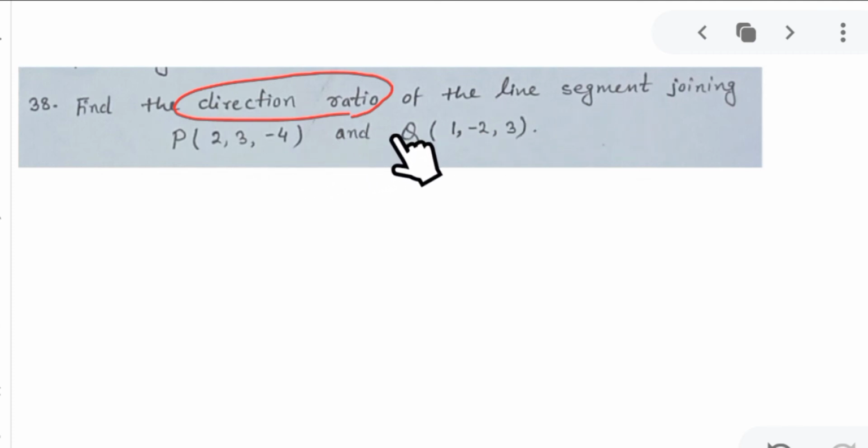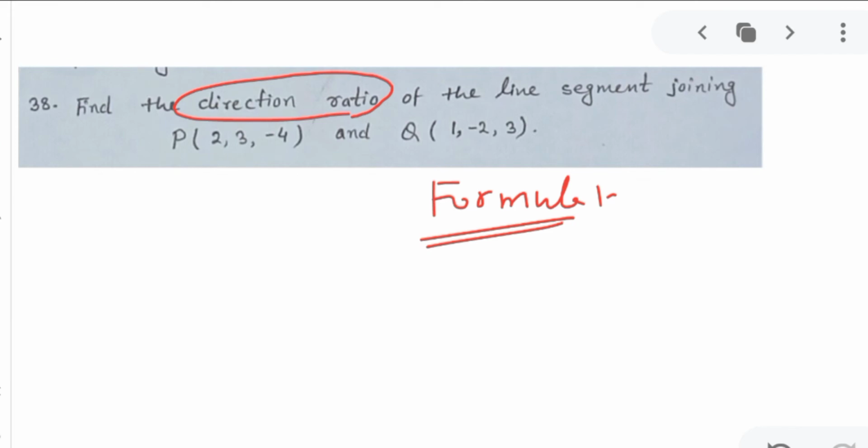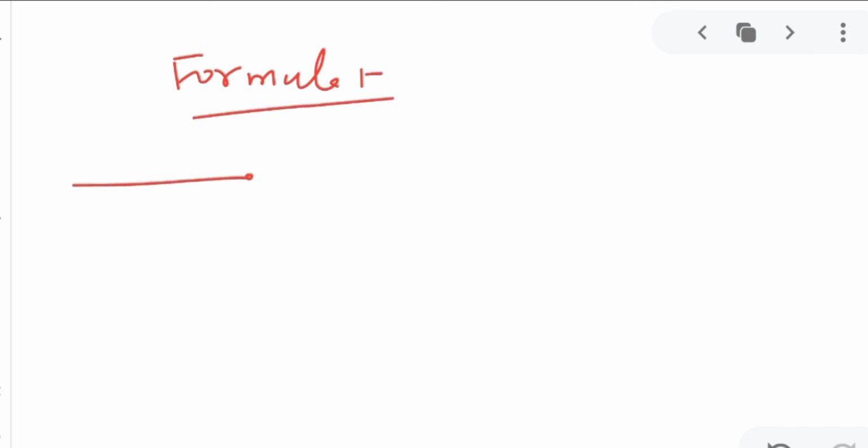So what is the formula of direction ratio? You have studied the formula. I will discuss the formula here. For the direction ratio of the line segment joining P and Q, suppose P is x1, y1, z1 and Q is x2, y2, z2.